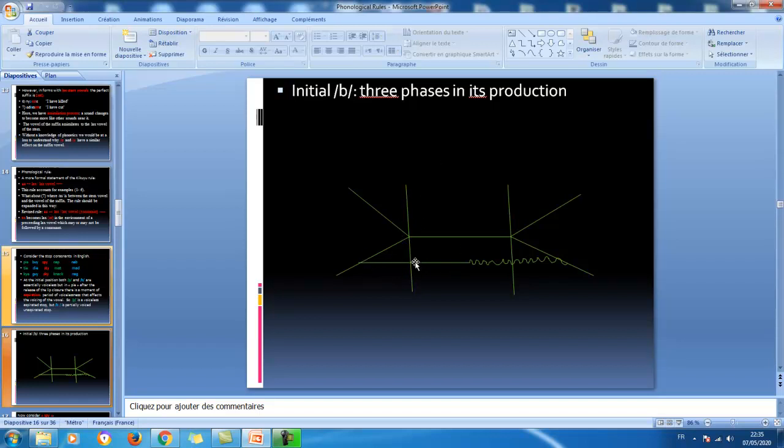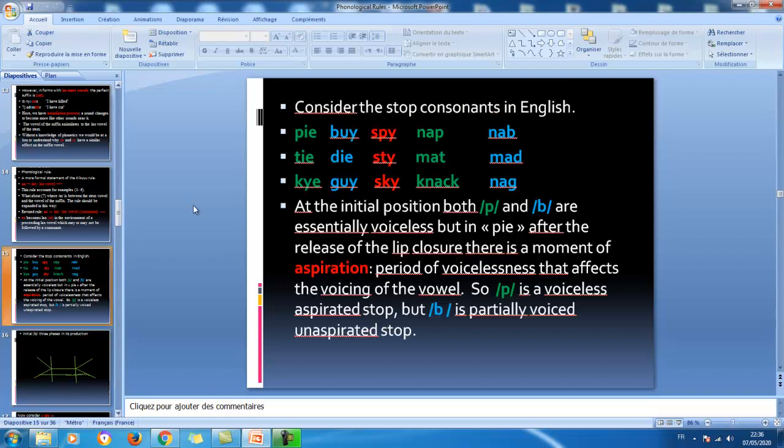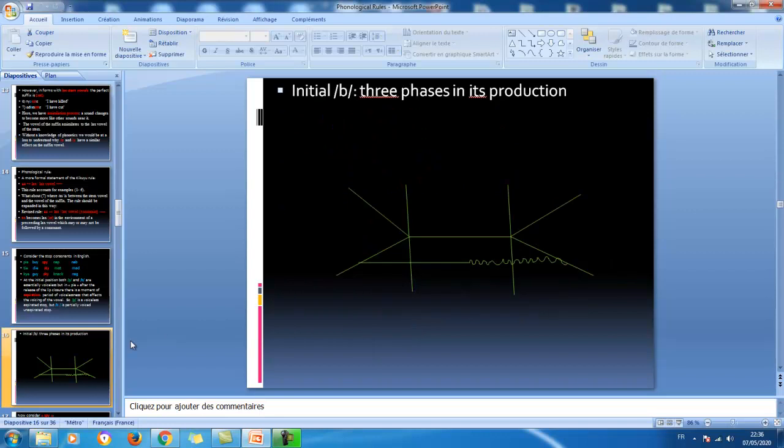Let me remind you of the figure that we have seen to show the 3 phases in the life of the stop: the closing phase, the closure, and the opening or releasing phase. Now when you want to say, for example, the word buy as a first word and there is nothing before it, this initial B normally takes this shape here.